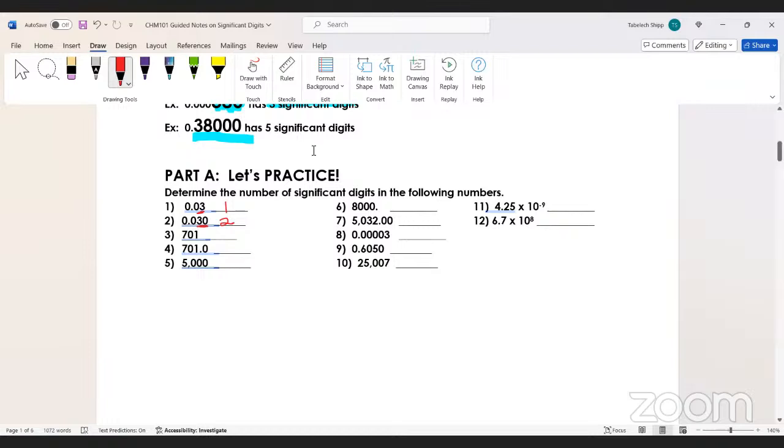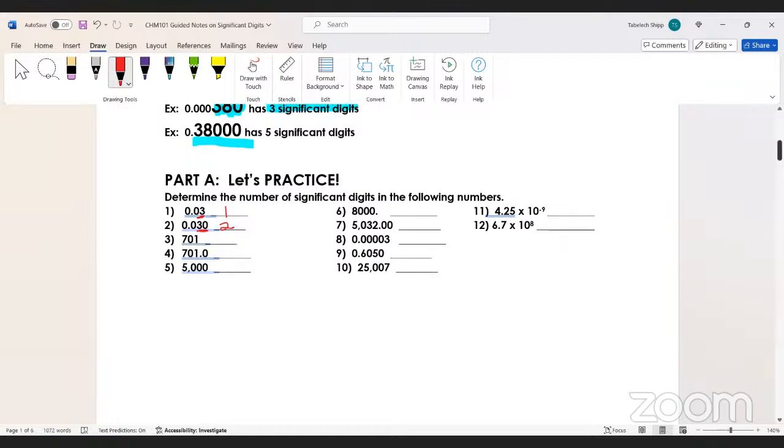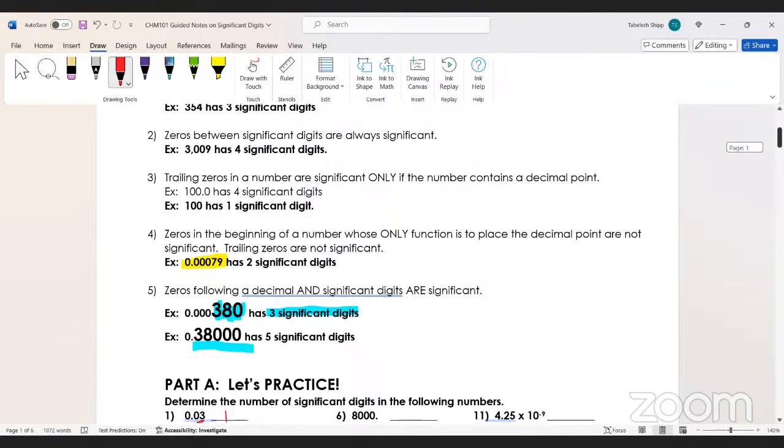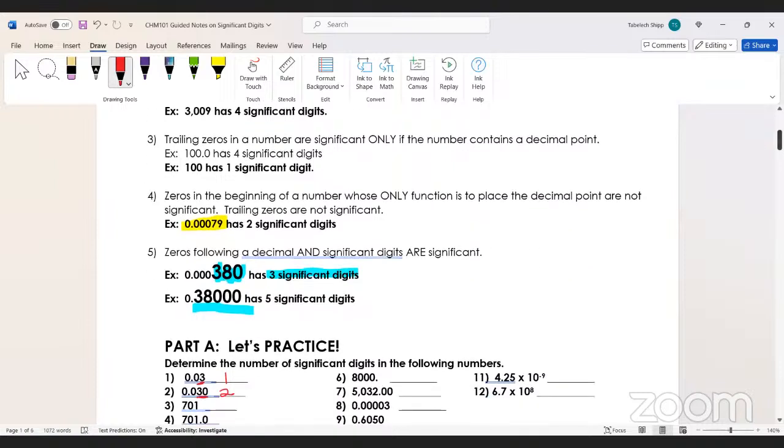And if you need to refer back to the rule, let's go back to rule number 4. If you look at it, rule number 4, remember, zeros that are in front of the significant digits do not count. So that's what rule number 4 is based upon for problem number 1.